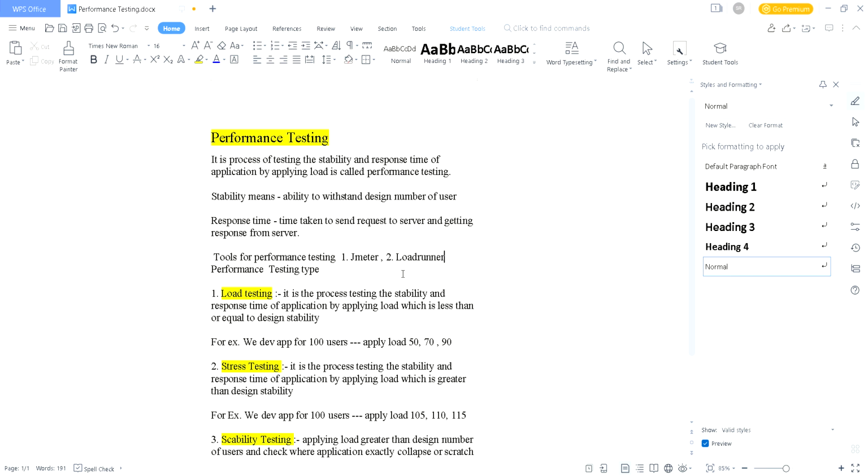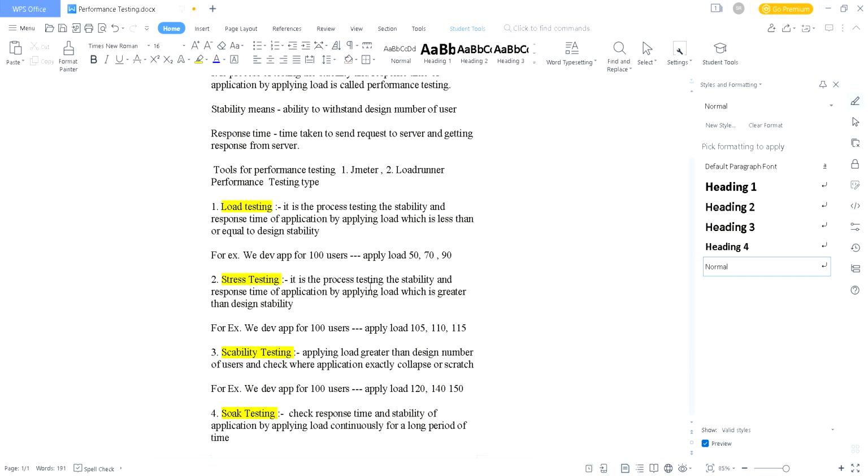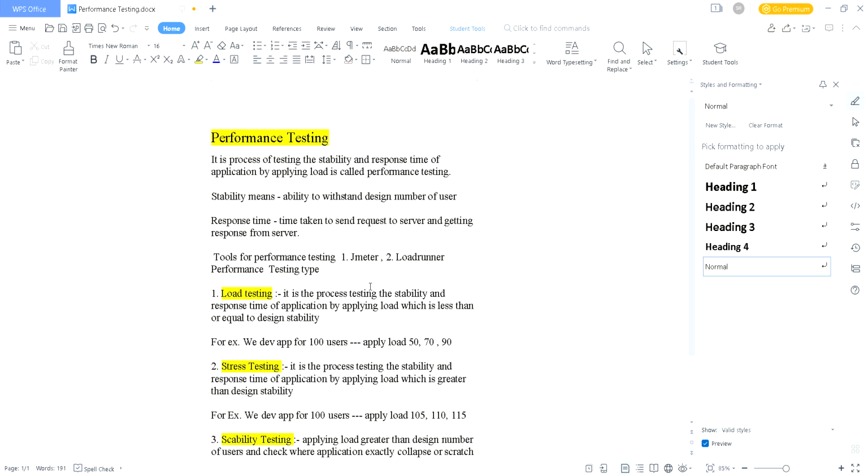In organizations, performance testers are separate, and they use the JMeter and LoadRunner tools for performance testing. For general manual testers, we should know the basics of performance testing, so we learn the basics in this video.